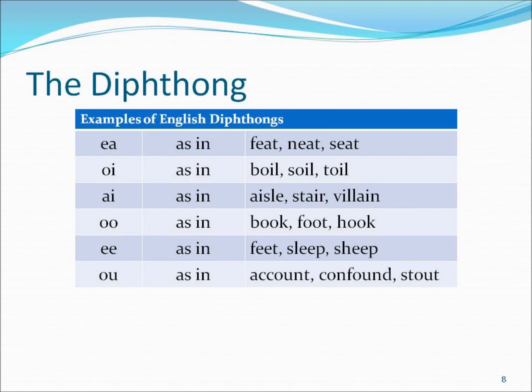Also the double E, as in feet, sleep, sheep. And another example in the English language is the OU, as in account, confound, or stout. These are all diphthongs in the English language.